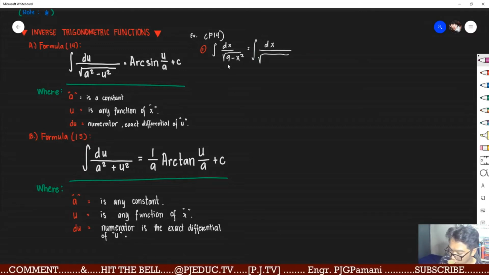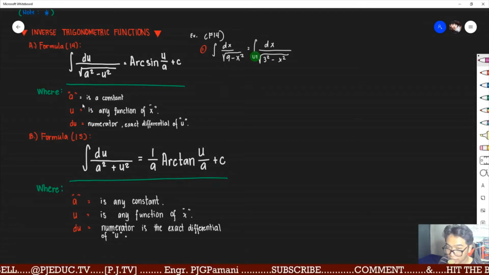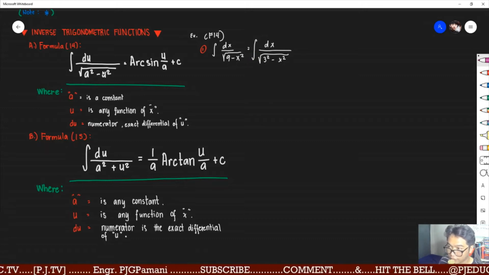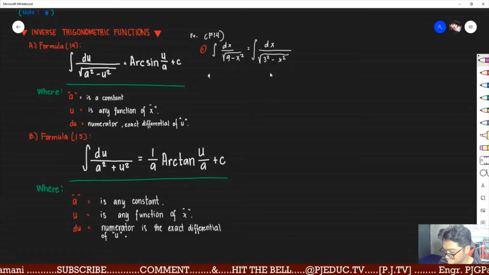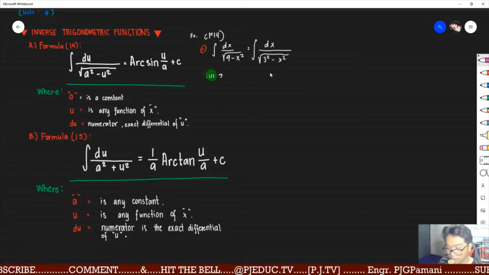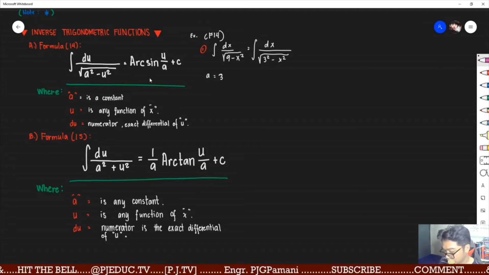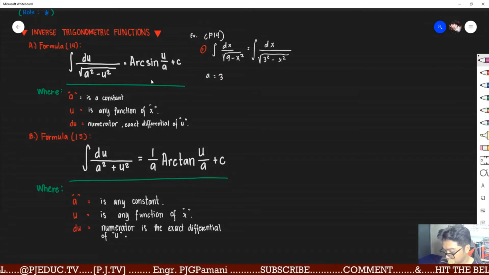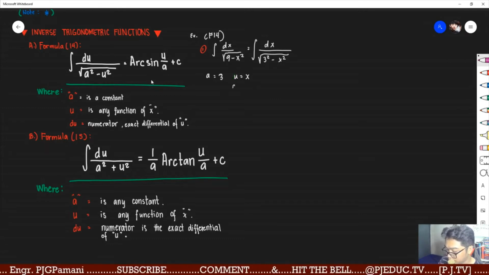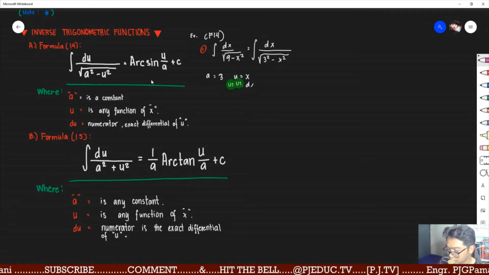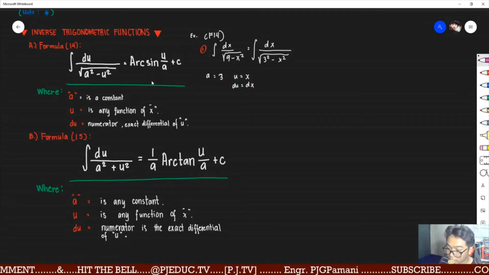That is now 3 squared minus x squared. Notice the similarity to our general formula number 14. We have here a constant 3, which is simply equal to a. We have also our function u, which is simply equal to x, such that the differential of this function is simply equal to dx. So we'll no longer need to introduce a correcting factor.